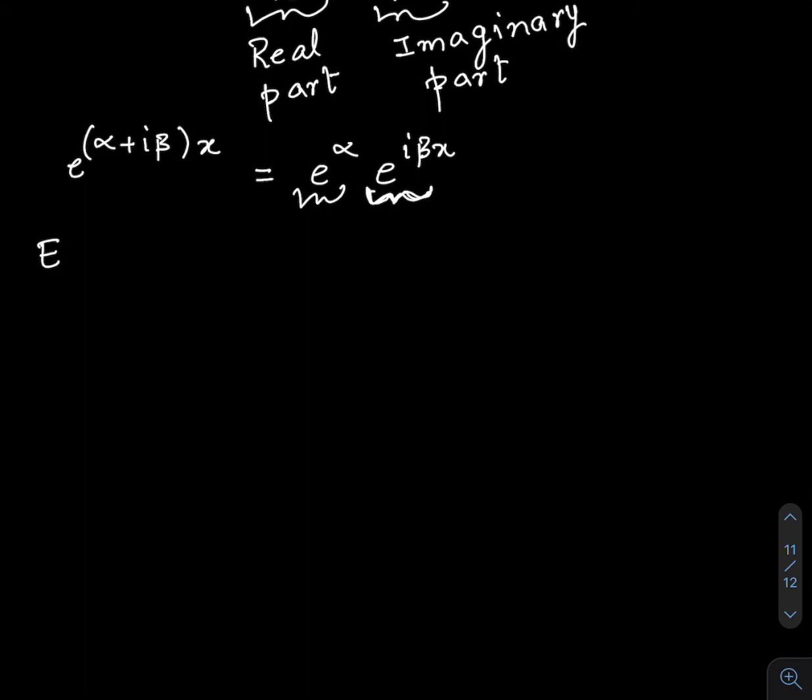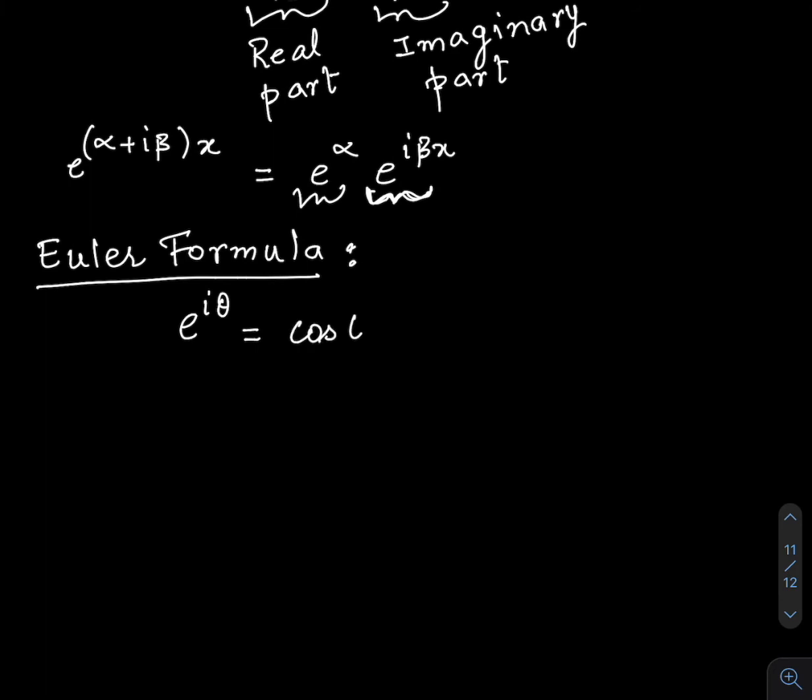So let's see. Here comes our Euler formula. Euler formula says e^(i theta) is equal to cosine theta plus i times sine theta.